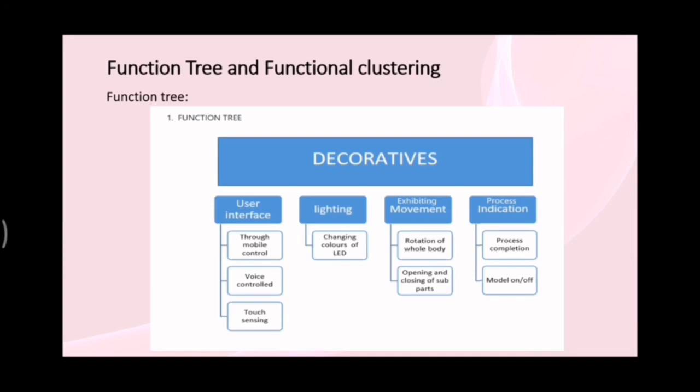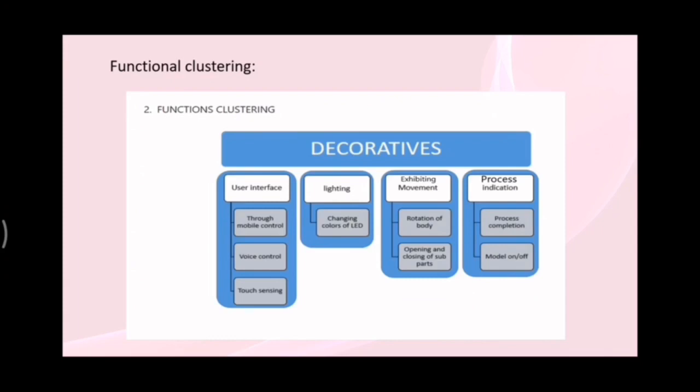Process indication can also be done in 2 ways: you can indicate when the whole process is done, or you can indicate when the model is on or off. And you can see the clustering. The subsystems identified are user interface, lighting, exhibiting movement and process indication.